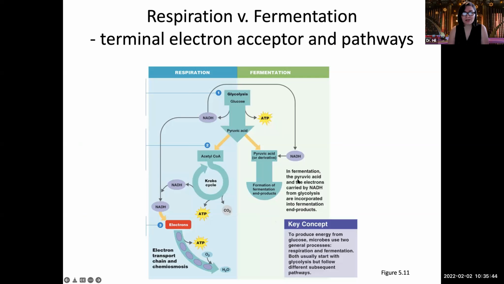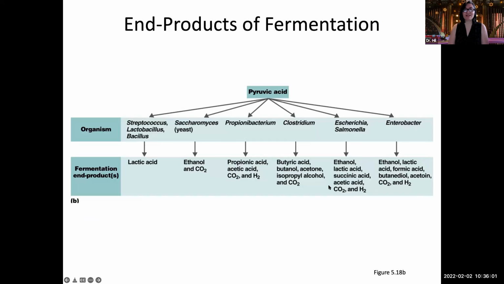So here is a picture showing the difference between respiration on the left and fermentation on the right, indicating that what happens after pyruvate depends on the enzymes that an organism has. And just so that you have a sense of what those options might be, this is straight out of your video lectures.